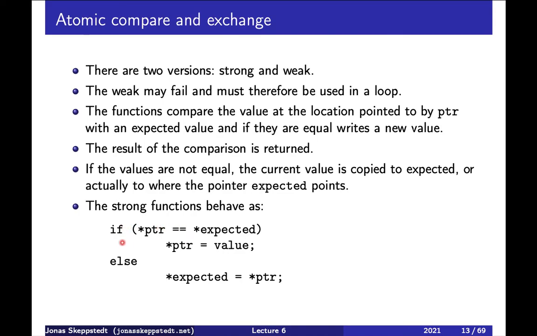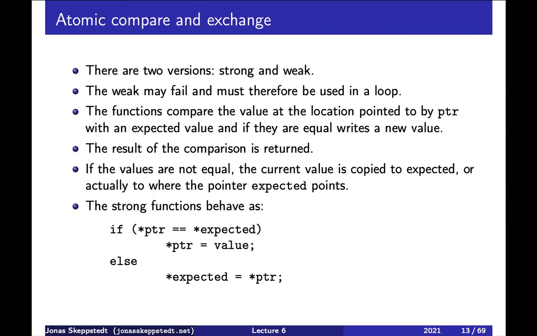Okay, so if the atomic variable had the expected value, we give it a new value, and if not, we can know the current value of the atomic variable, since in the else statement we instead copy the current value of the atomic variable into this variable.